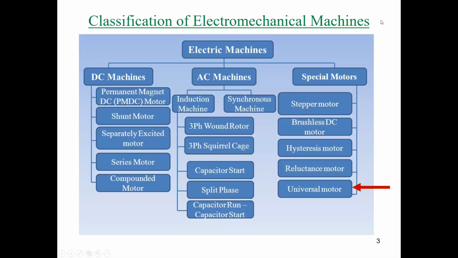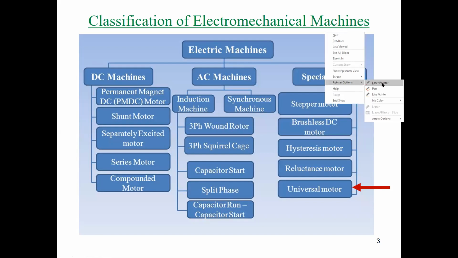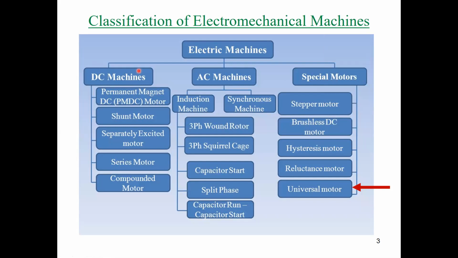This is a chart for the classification of electrical or electromechanical machines. For electrical machines, we have a classification into AC machines and DC machines. As you can see, we have DC machines like permanent magnet DC motors, shunt motors, separately excited motors, series motors, and compound motors.